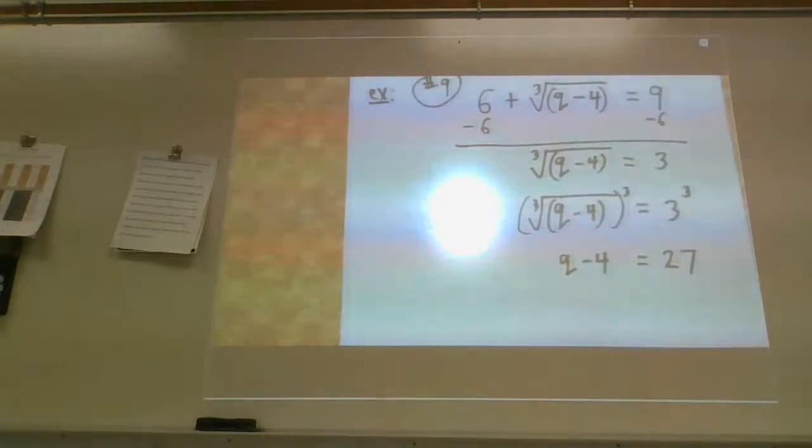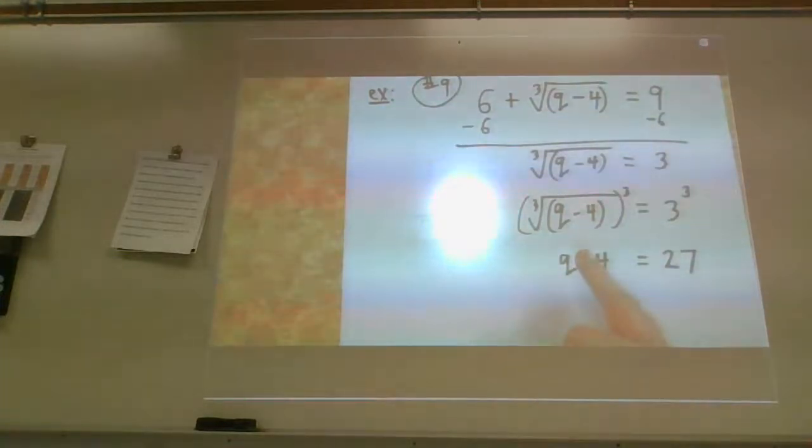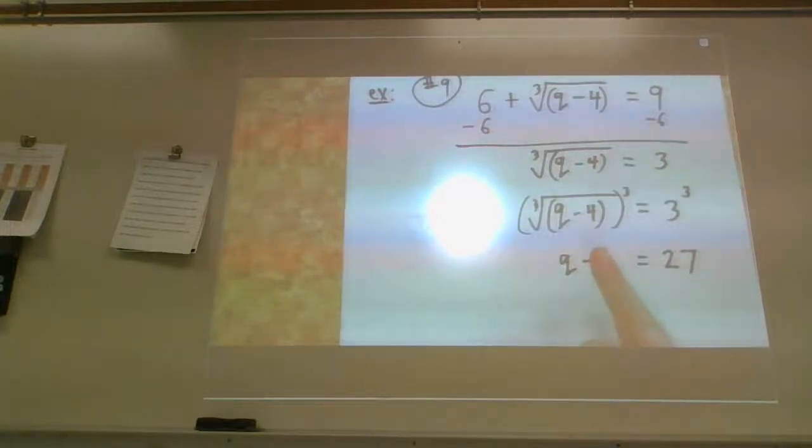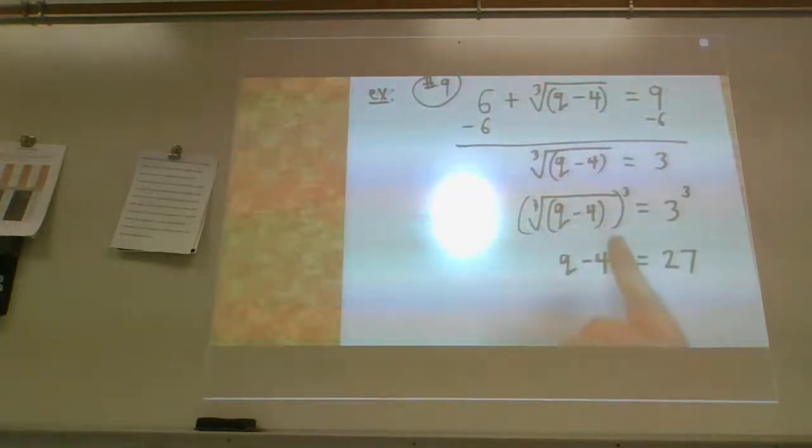Now notice my parentheses went away because now I'm inside the parentheses. I've finally gotten to that set of parentheses that's on the inside of the problem. And finally, I can deal with that 4. I'm going to add 4 to both sides.